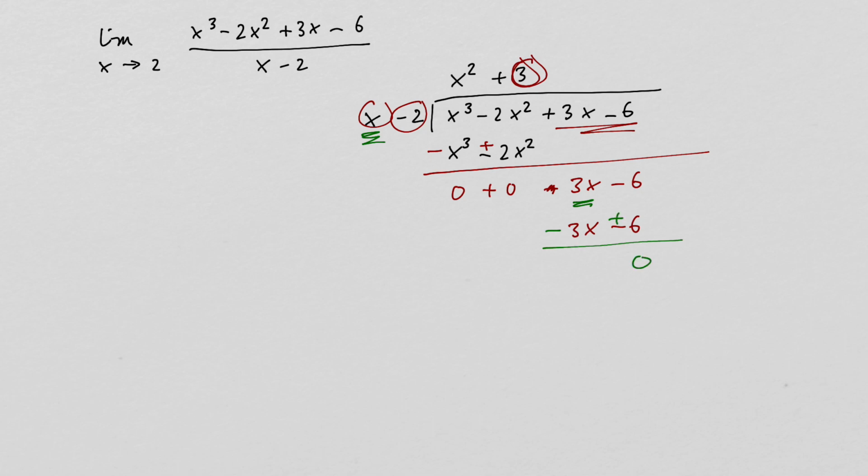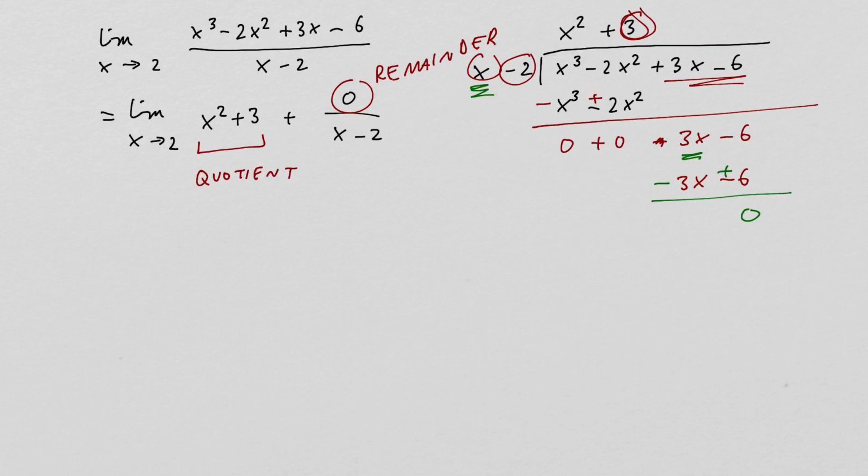We will get 0. So 0 is the remainder. So this is what we got. And it seems we can calculate the limit now. We will just set x to be 2 and we will get 2 squared plus 3. This gives 7.